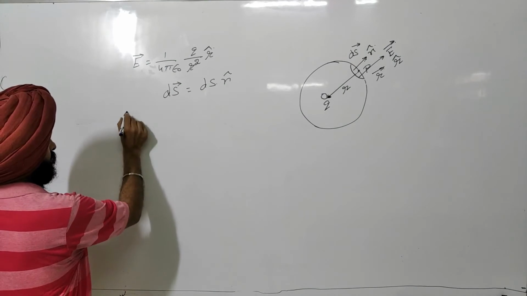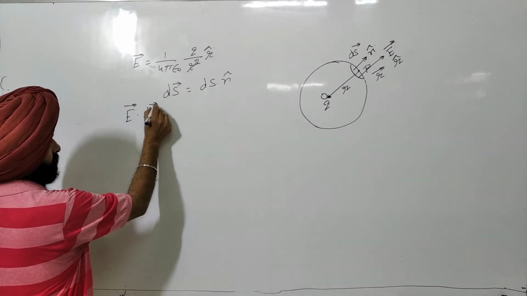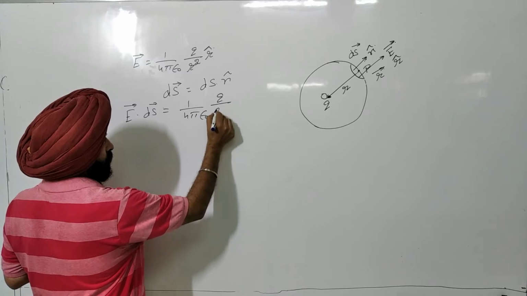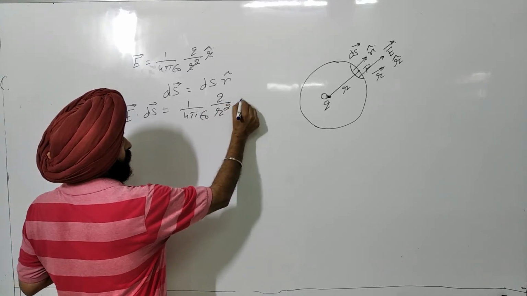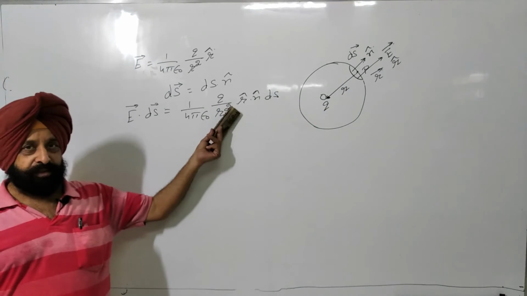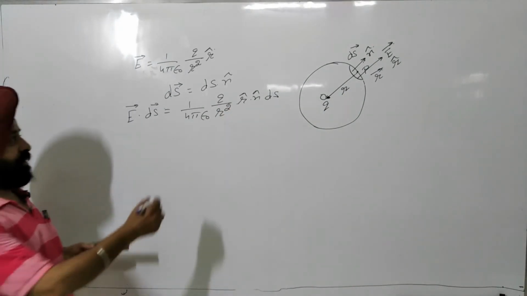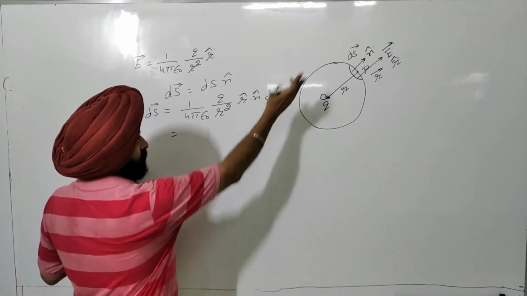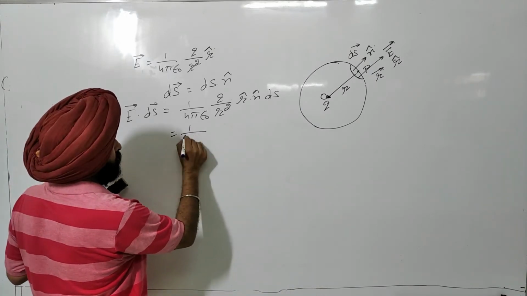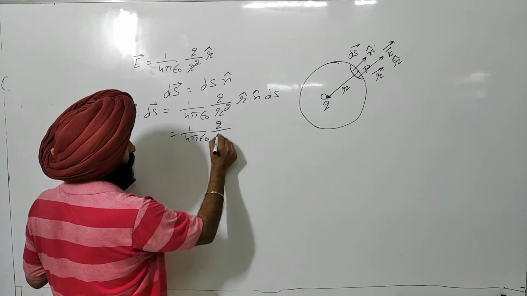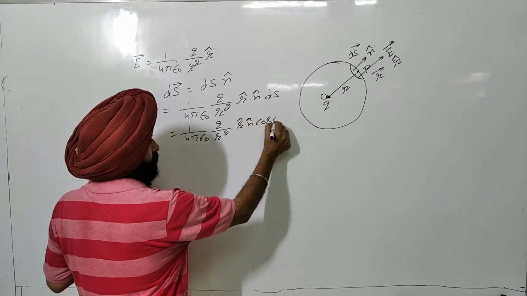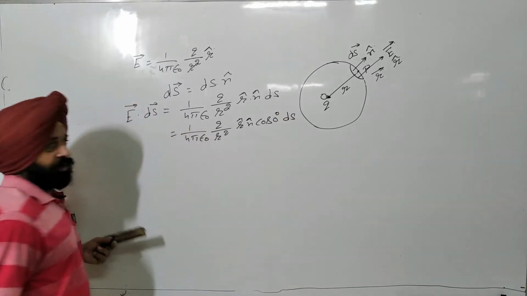So we multiply E dot dS, which is equal to 1 over 4 pi epsilon 0, q upon r square, r cap into n cap into dS. Since r cap and n cap are unit vectors in the same direction, the angle is 0 and cos 0 is 1.